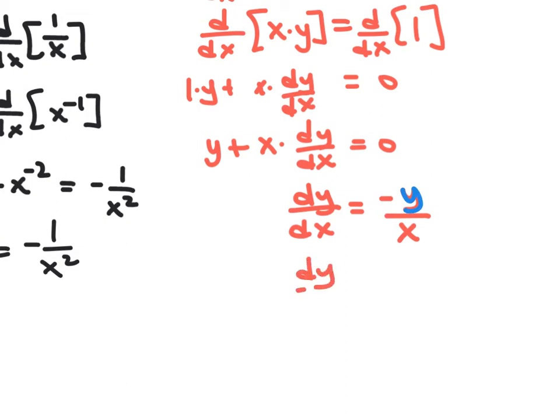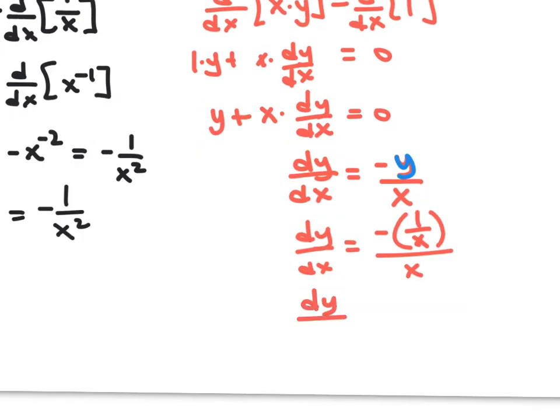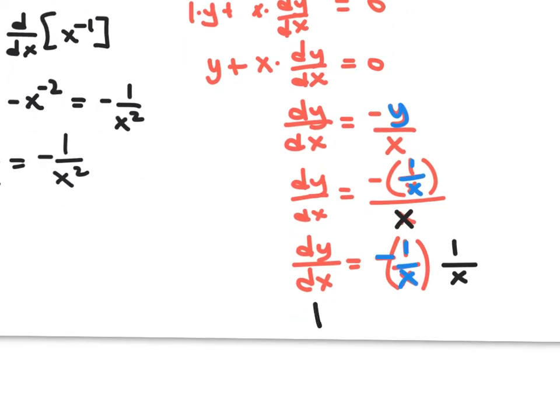Well, from before, remember y was 1 over x in part A. So this would equate to negative 1 over x, that's this piece, times this piece, which is 1 over x, which comes out conveniently to be negative 1 over x squared, just like we got in the previous one.